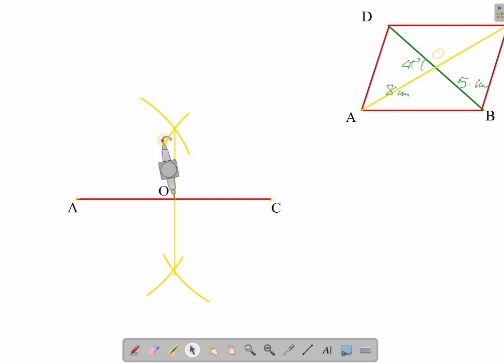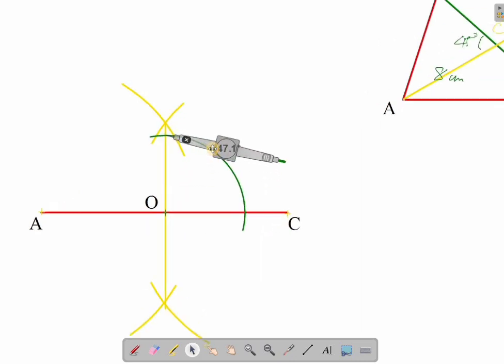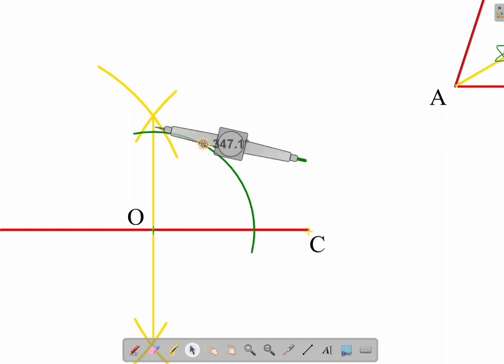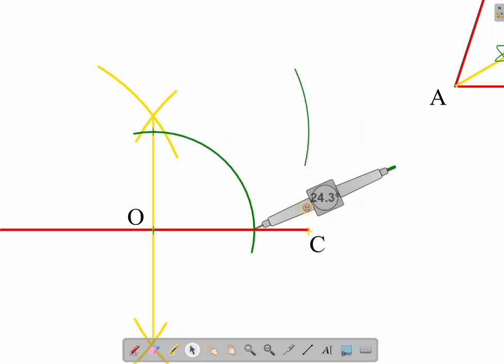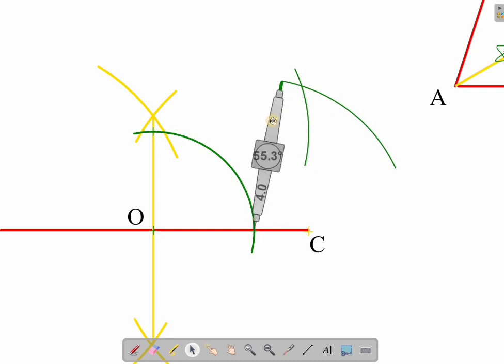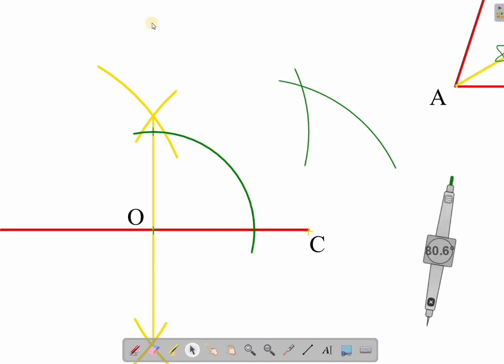Yes. So this is fine. Now you keep your compass at this point. You can increase the length now. You keep it at this point and draw an arc like this. Keep it here and draw an arc. Extra part you can always erase.